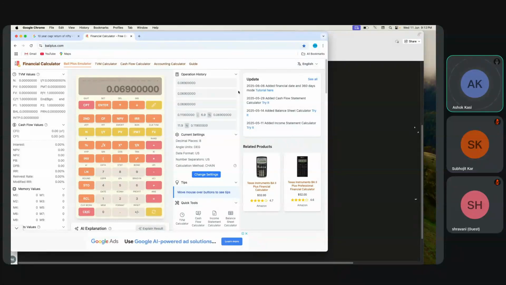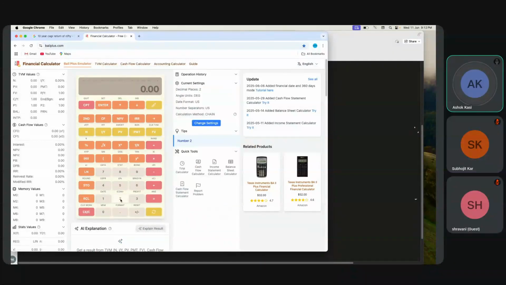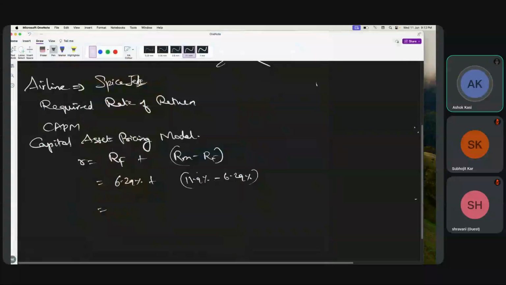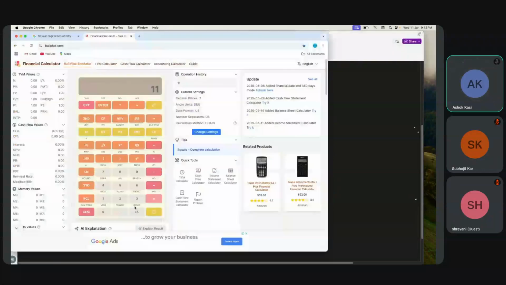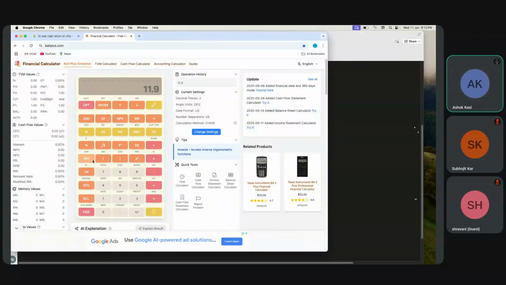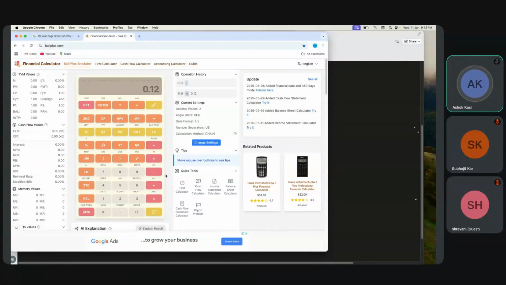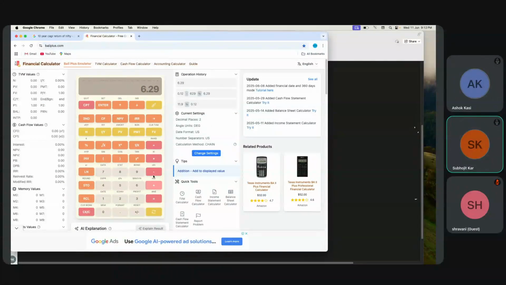You people try, what are you getting as the answer? Let me do it here without formatting, 11.9 percentage minus 6.29, it's 0.1115.